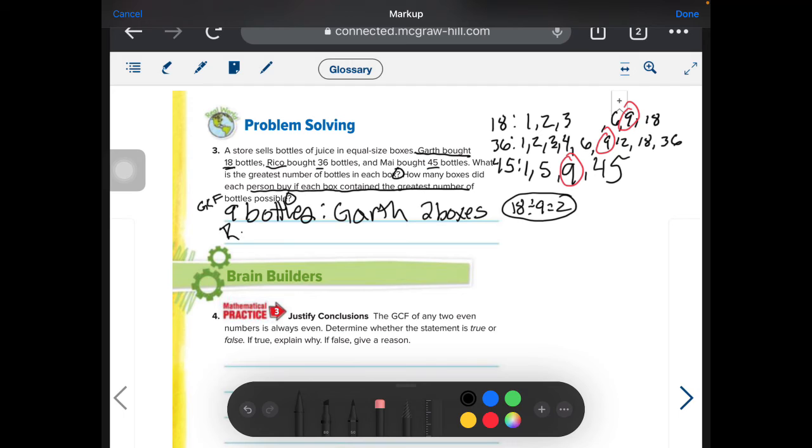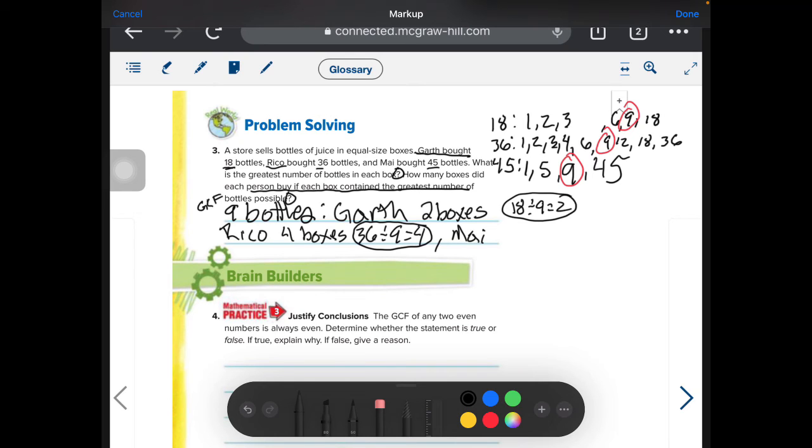Then the next person we have is Rico. And he had 36 bottles. So if we think about that, that's 4 boxes. And we do 36 divided by 9 is 4.